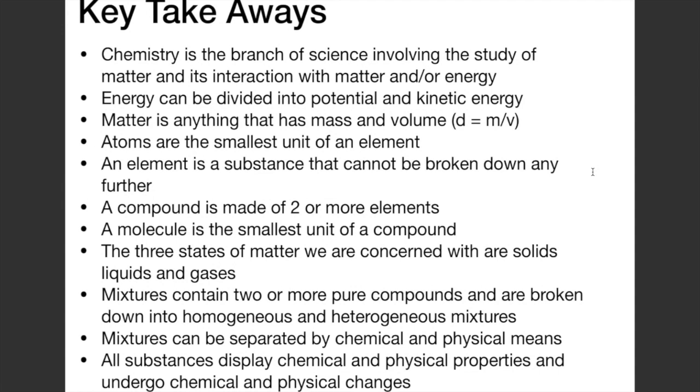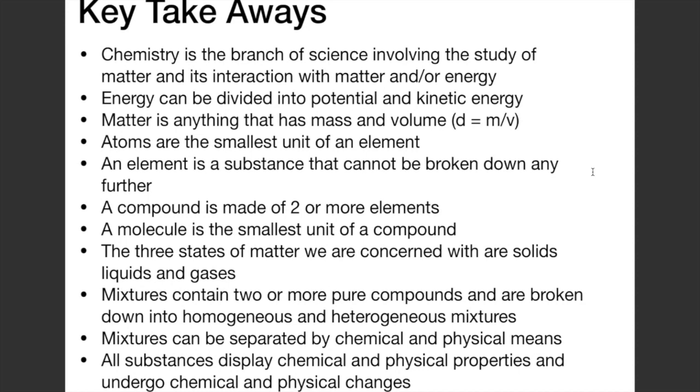So potential energy being the energy an object has due to its position or internal stresses, and kinetic energy, the energy that an object has because of movement. Matter is simply anything that has mass and volume and therefore has density.